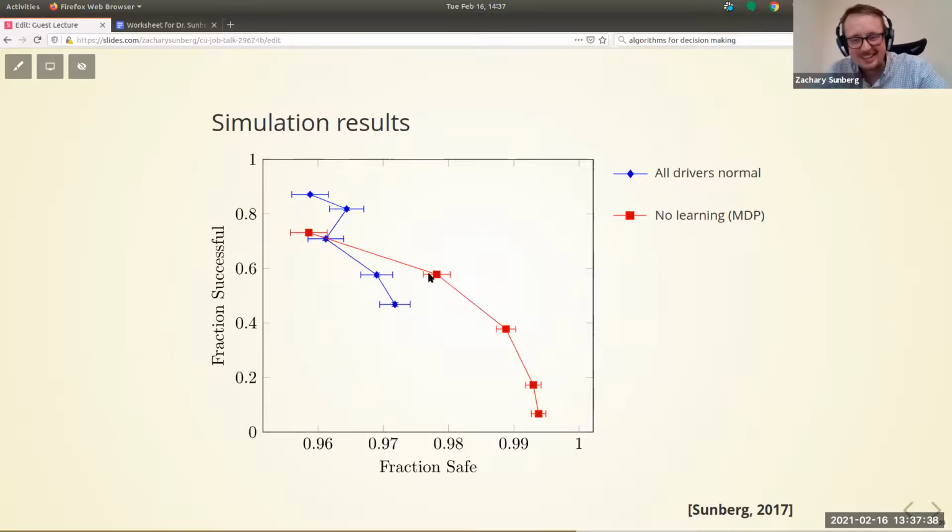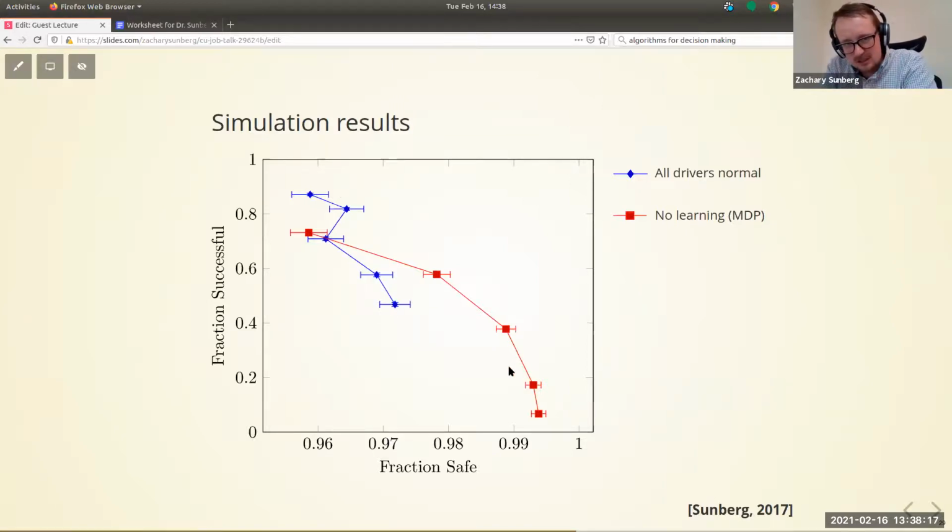So this is like modeling all of our uncertainty as aleatory, with the blue line being an over-optimistic estimation of what other drivers will do, and the red line being a pessimistic, or maybe robust, estimation. As you can see, the red one allows us to be more safe but less efficient, and the blue one allows for more efficiency but less safety.